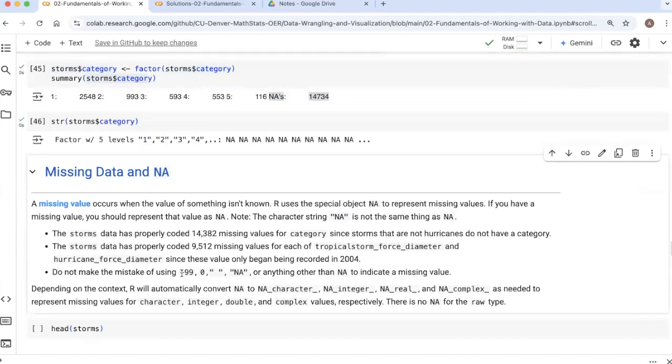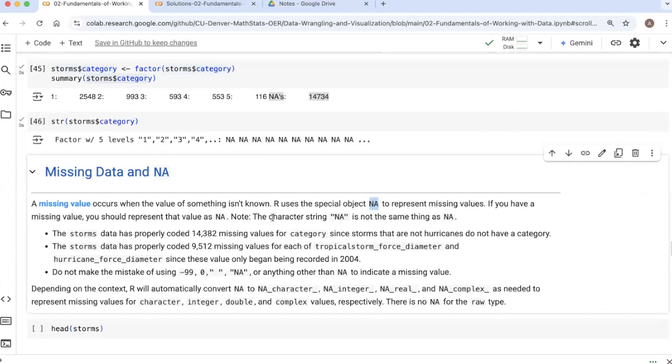So we don't code missing values with random things like -99 or the number 0 or a blank space character or an NA inside of double quotes. But missing values in R are coded with an NA. That means missing value. And that missing value could be due to many reasons. It might be due to practical reasons, like tropical depressions don't get categorized, only hurricanes do.